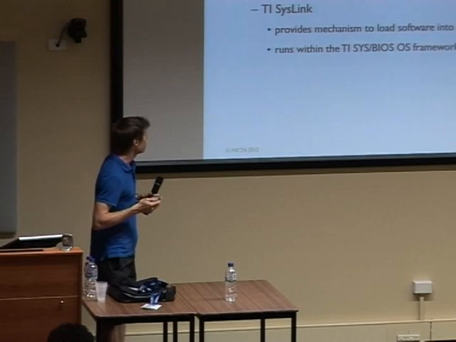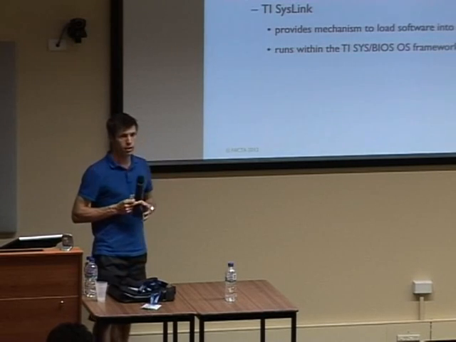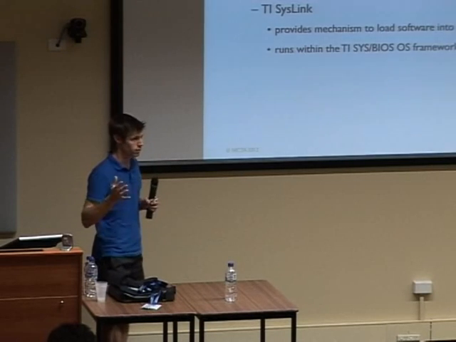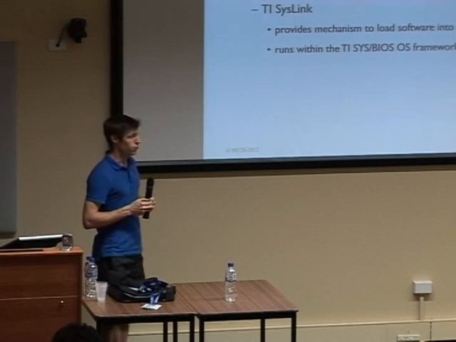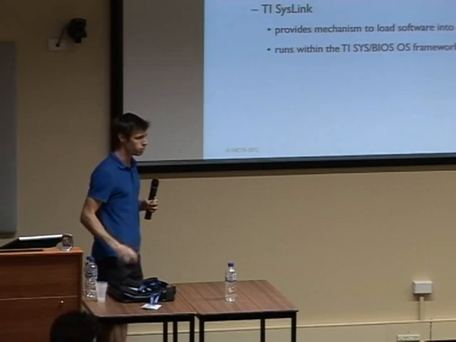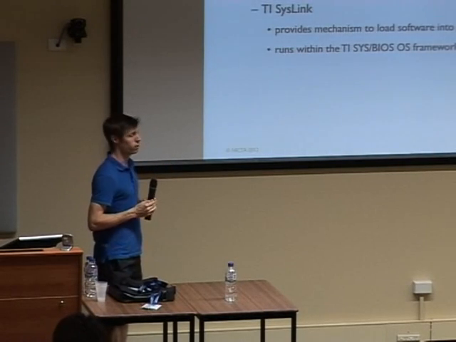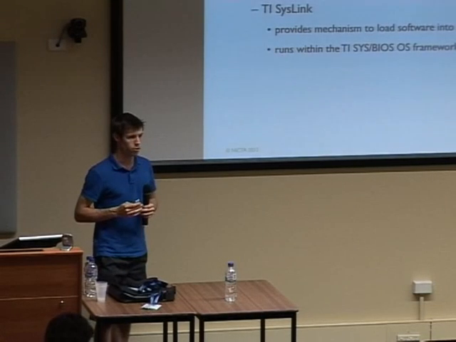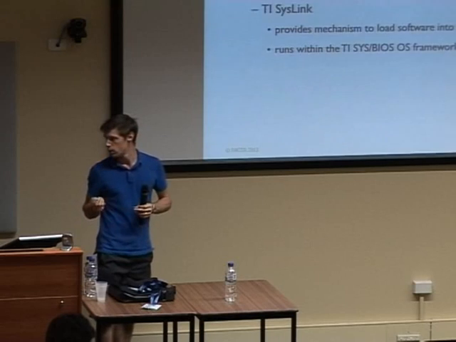And that's nice. What's currently provided for the OMAP is called syslink, and it basically provides the same mechanism, and it just allows you to stick a binary blob in memory somewhere and then set the small core going on that. And it runs in its own OS framework that's proprietary and provided by TI.